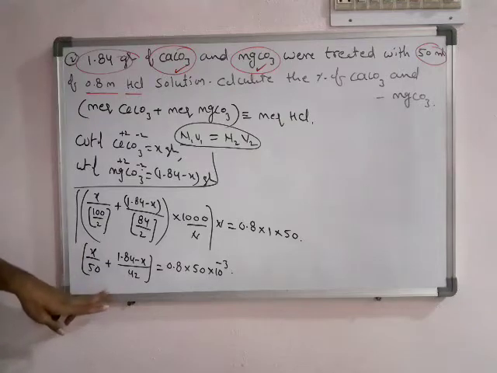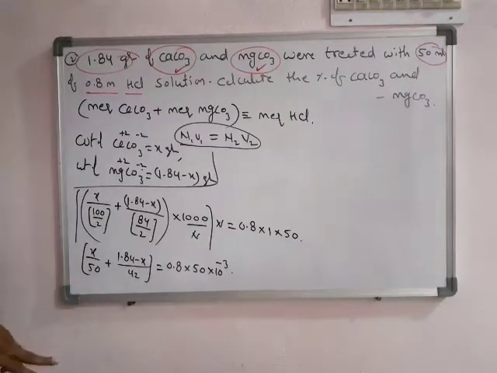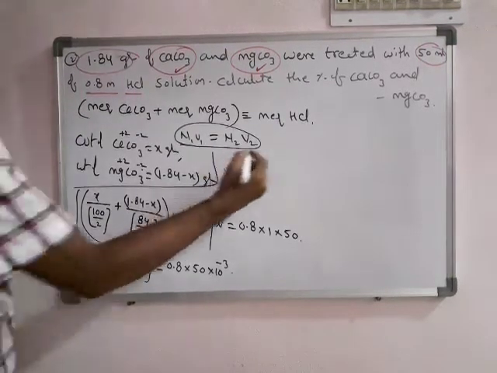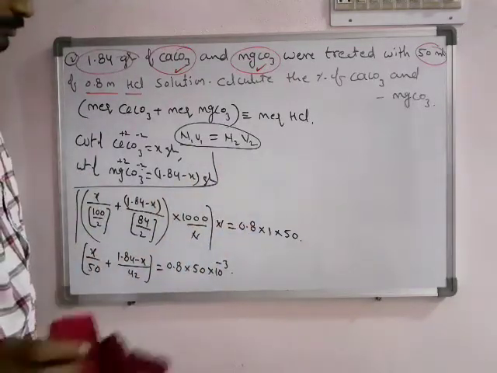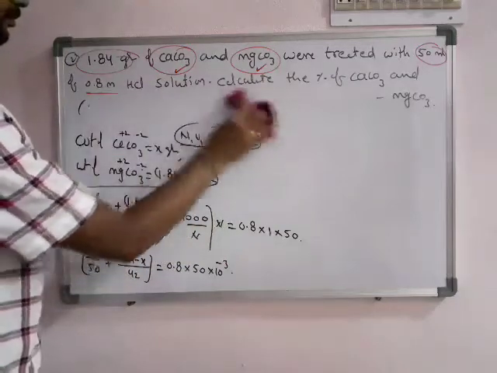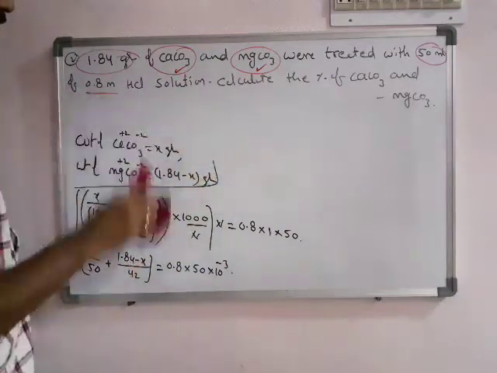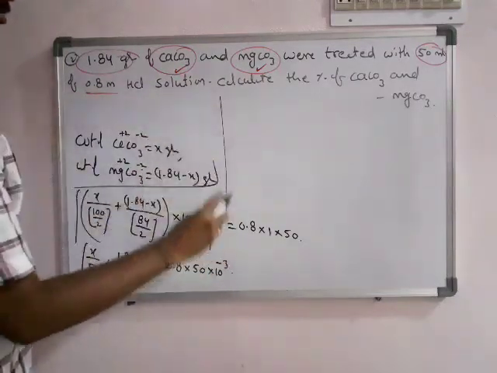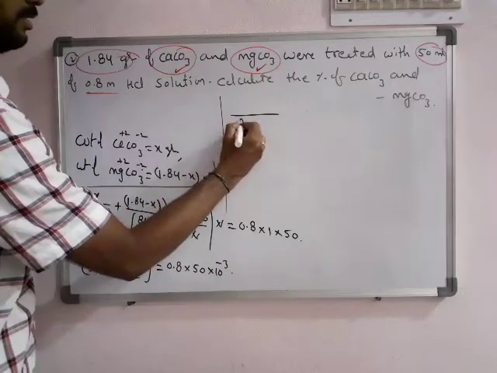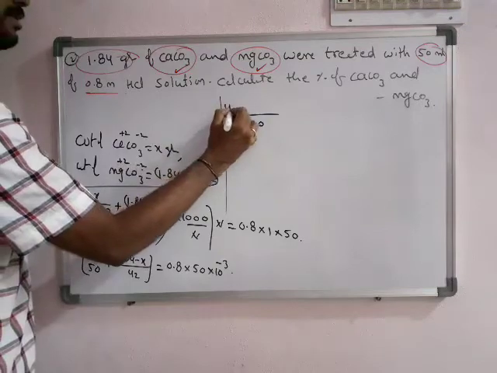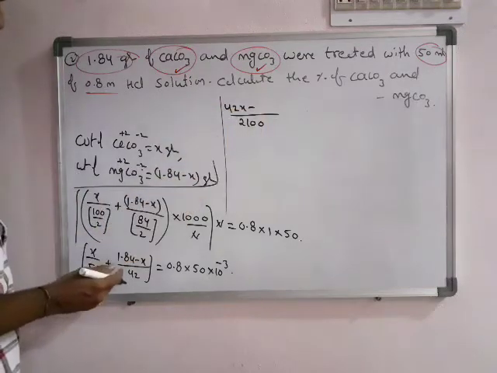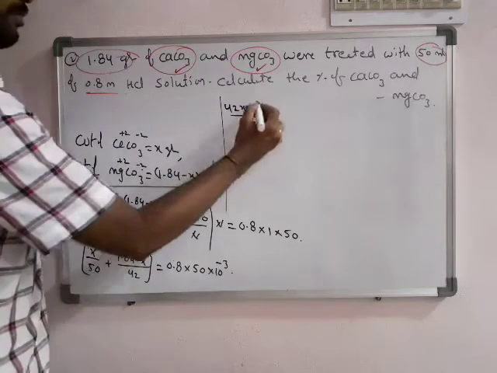So with this LCM we will get approximately 2100. This is 42x minus 50 into 1.50.